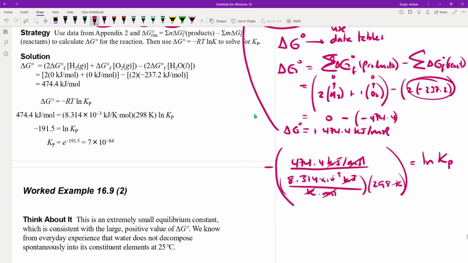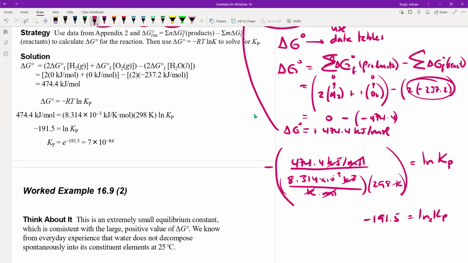So then for our Kp, we evaluate everything on this side here. We have 474.4 divided by that times 298. That's going to give us negative 191.5 is equal to natural log of Kp.